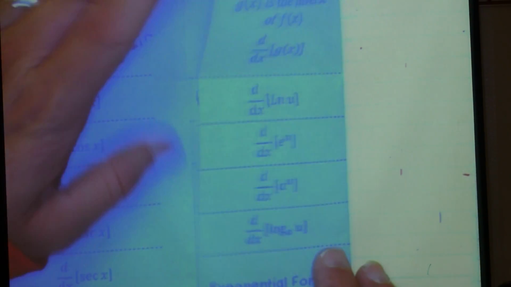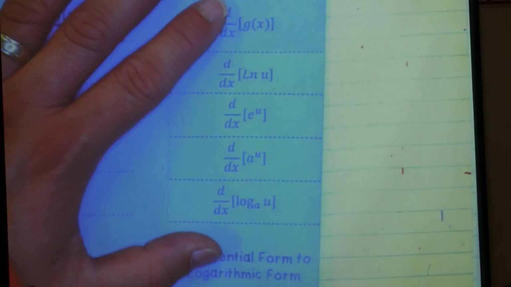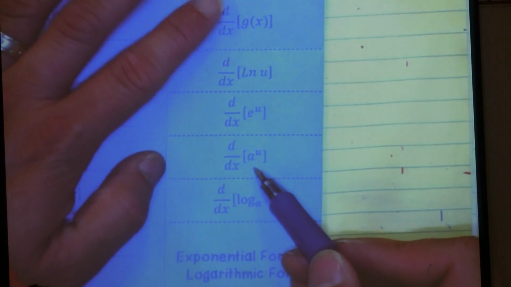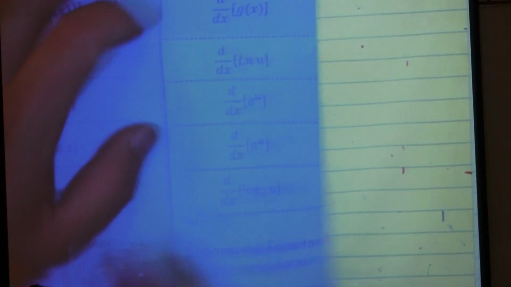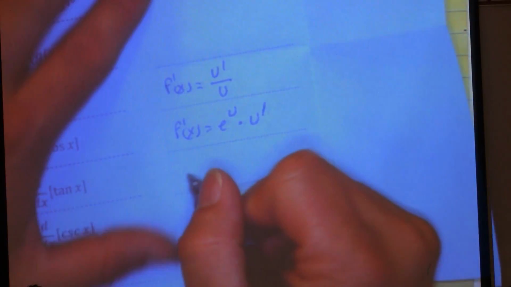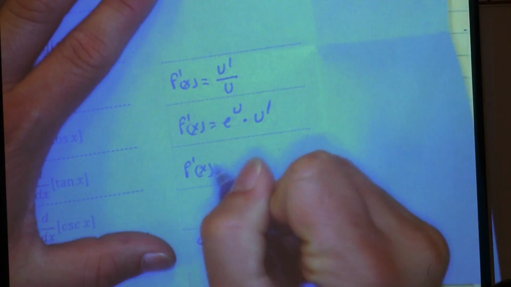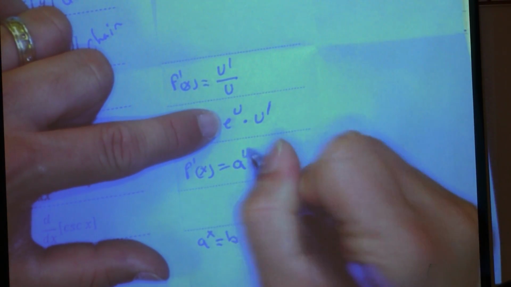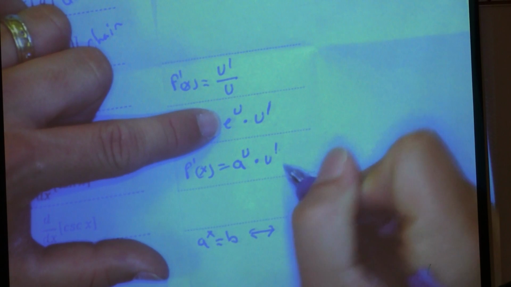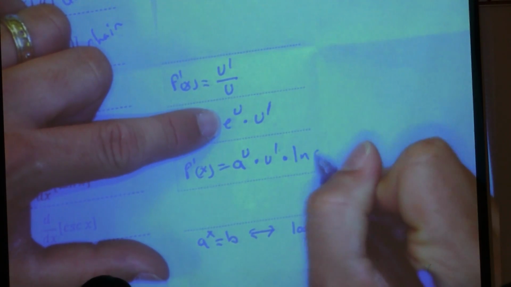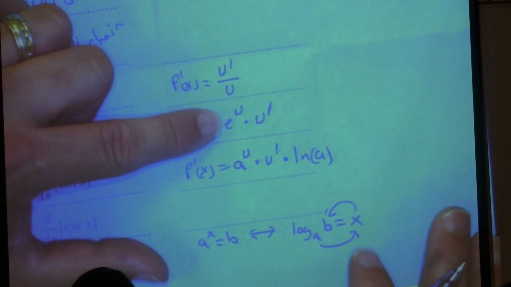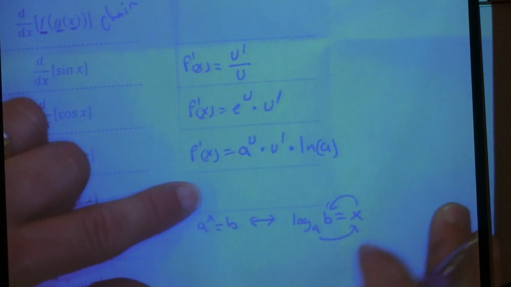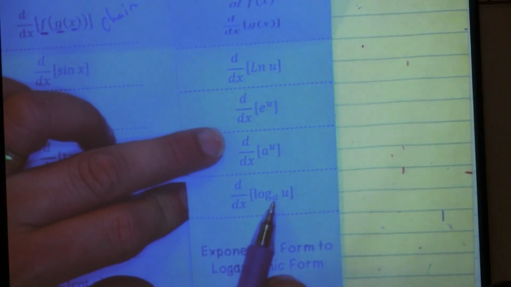Okay? The next two are the general forms of the two that we just did. So what would be the general form for any exponential function with any base? Starts the same as this one, except it's not an e, it's an a, right? A to the u times u prime times ln of a. Okay? And then the next one is the one for the log, right?